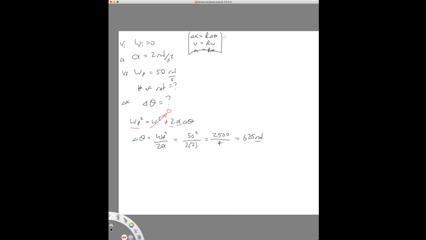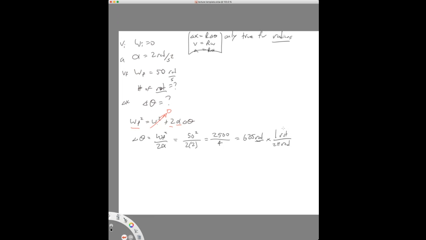All of these are only true for radians, because they come from the definition of arc length. So even though the problem wants to know number of rotations, what we got was the number of radians. So at the end, we have to convert radians to rotation. So 2 pi radians would be 1 complete rotation.